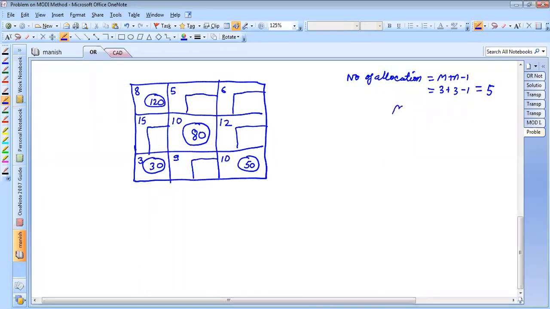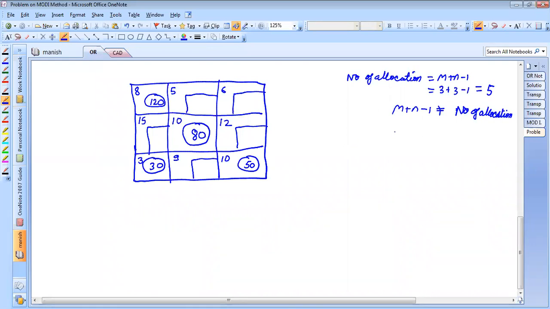If m plus n minus 1 is not equal to the number of allocations, then what do we say?